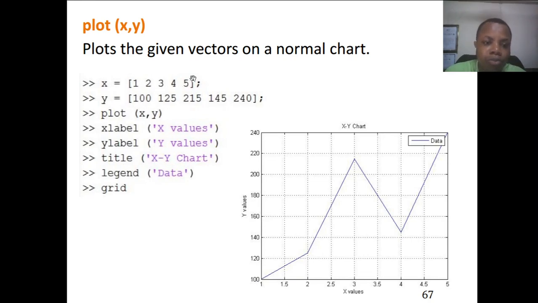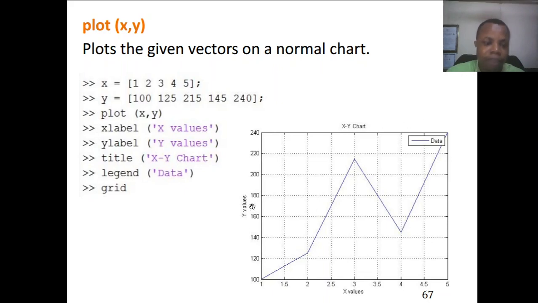We could plot these two vectors together as we've seen here. For us to plot these two vectors, we use the function plot. So that is exactly what we see in here. Plot the first vector and the second vector. Once we use plot x and y, this is just going to give us this information.